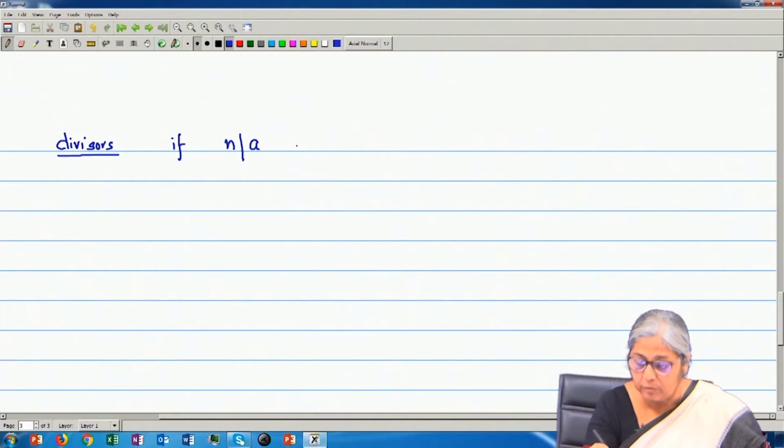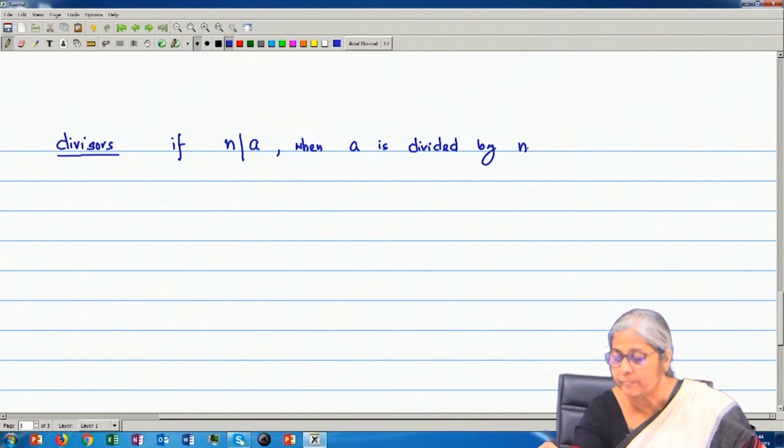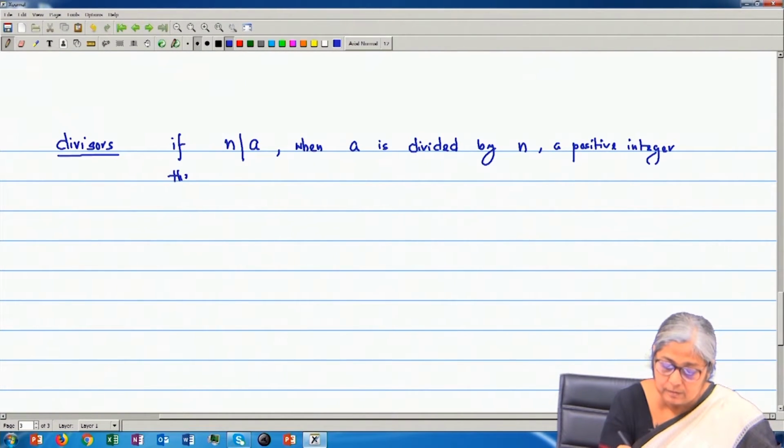That means when a is divided by a positive integer n, there is no remainder.